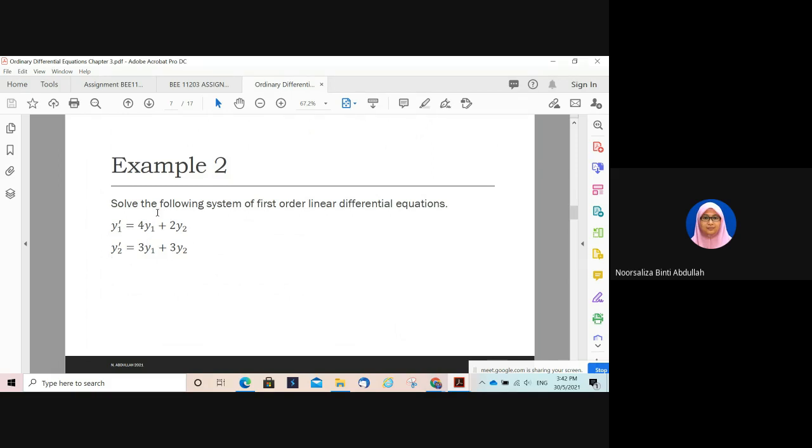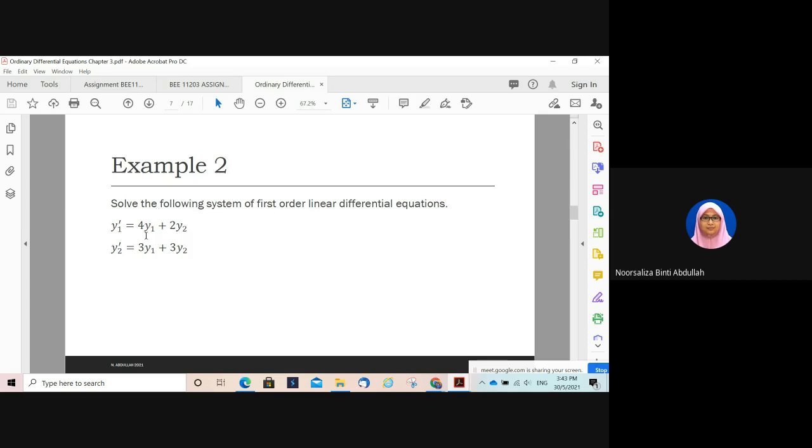The concept is the same as chapter 2. In chapter 2 we learned about the homogeneous equation. For homogeneous equations, you have to look at f(x). If f(x) is 0, then that is a homogeneous equation. The same goes for the system. If g(x) equals 0, then your system is homogeneous.